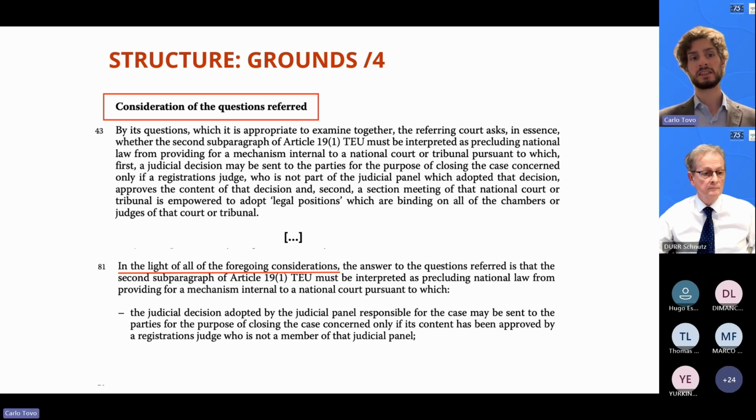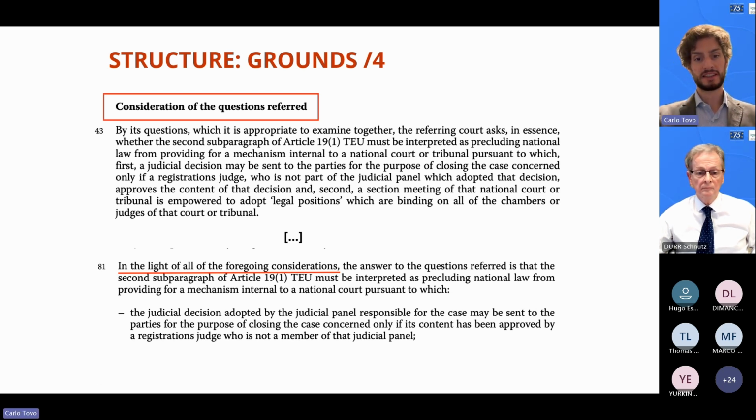So under this title, consideration of the questions referred, you'll find the substance of the grounds of the decision. In other words, here you'll find the answer to the questions raised by the national court, in the order in which they were formulated by the referring judge or in the order decided by the court. This is also important.